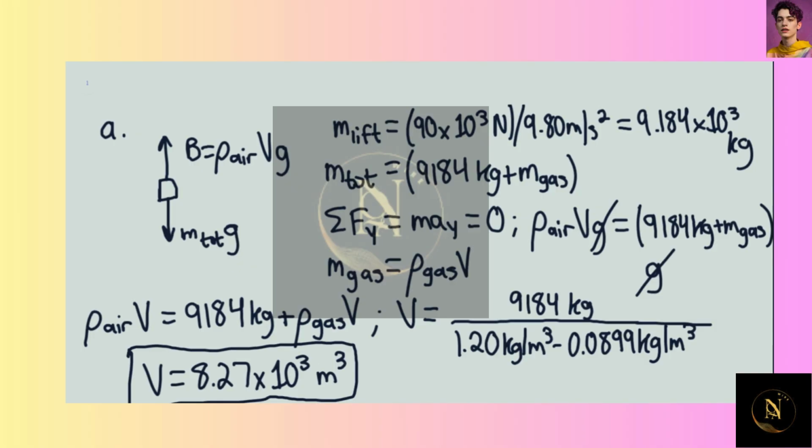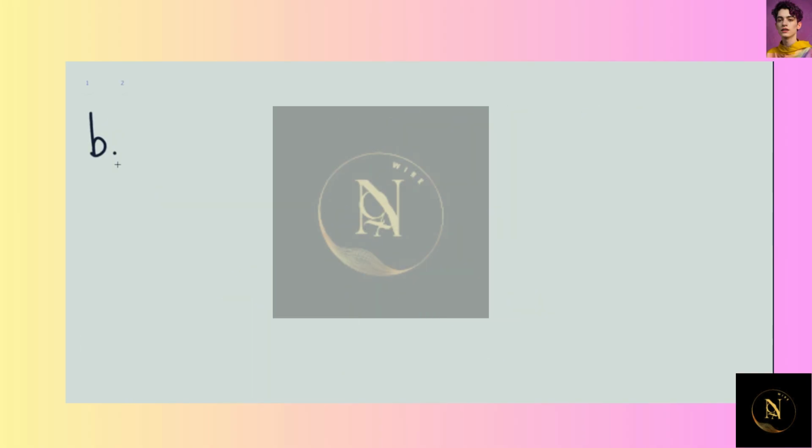For part B, then, we're going to let m sub lift be the mass that could be lifted. So from part A, we find that m sub lift is going to be equaling the density of air minus the density of the gas multiplied by the total volume. And so we can solve.